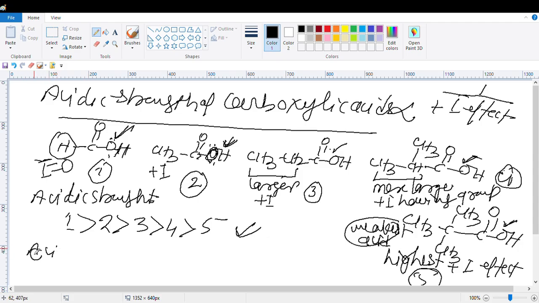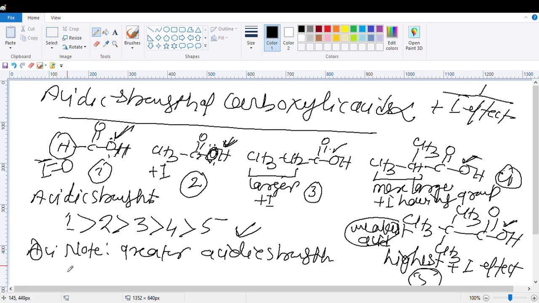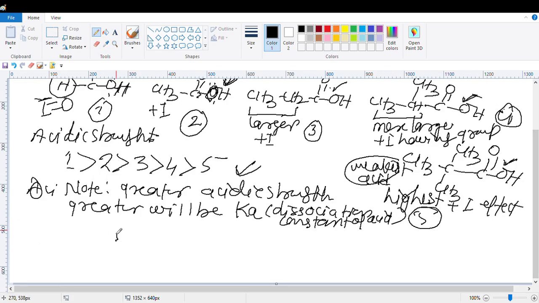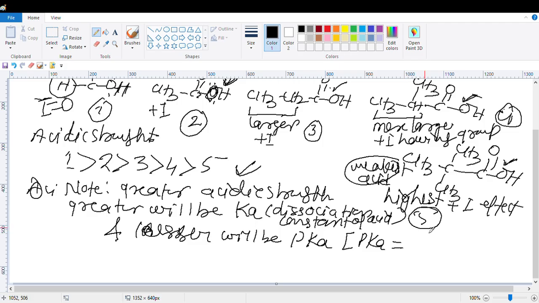The greater the acidic strength, the greater will be Ka, that is the dissociation constant of the acid, and the lesser will be pKa, as pKa of an acid is equal to minus log Ka.